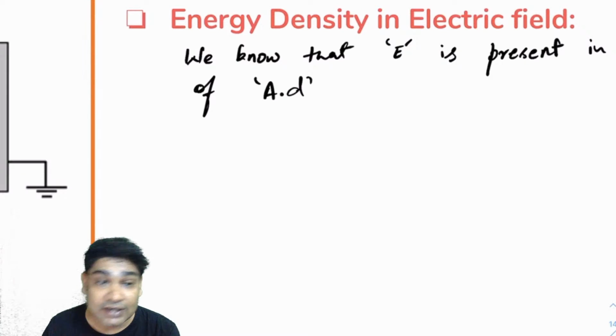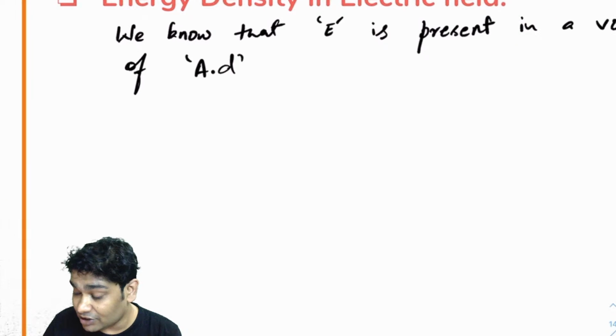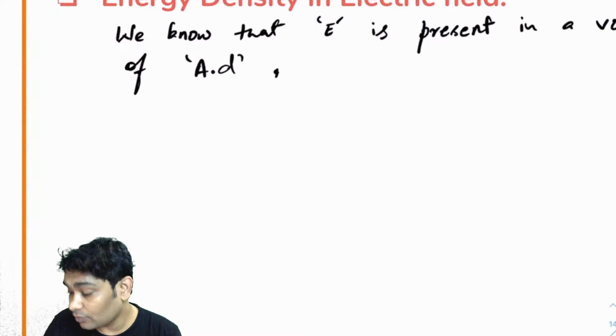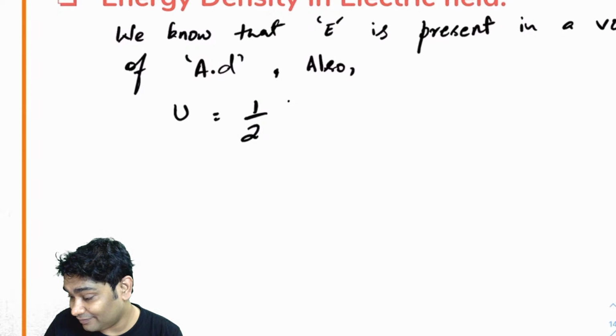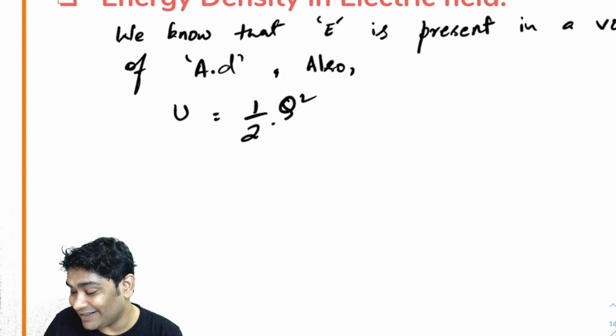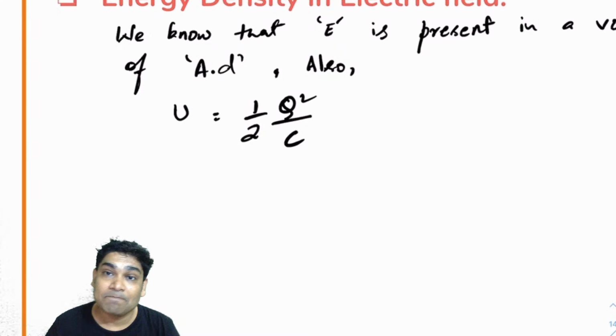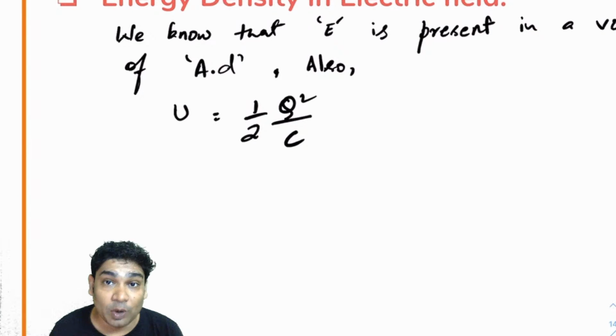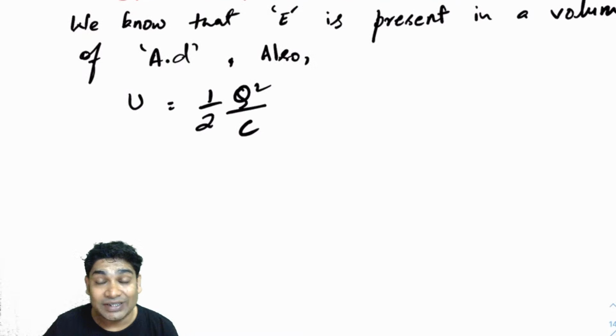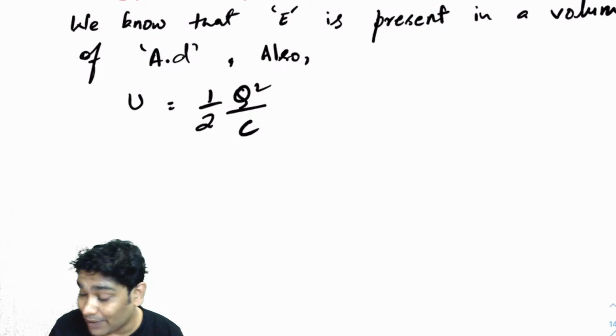Now, I know how much energy is stored in this volume. What is the energy stored? Also, I know the energy stored U is half CV square or half Q square by C. Let's take half Q square by C. Alright, now what I'm going to do is substitute the value of C for a parallel plate capacitor.